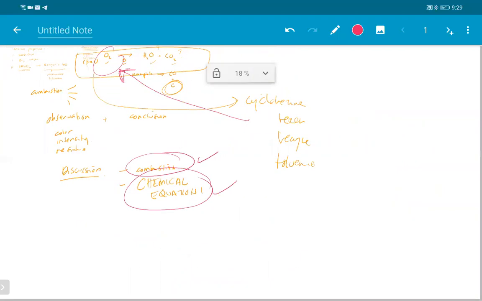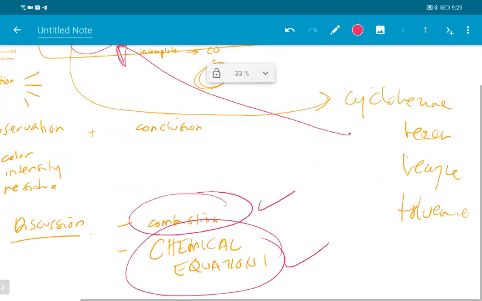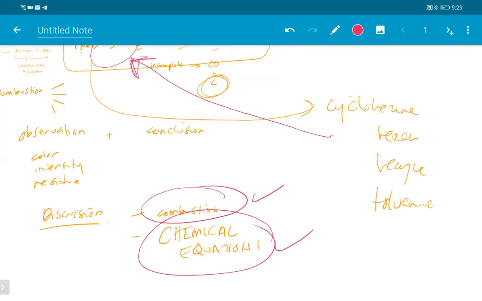Ada apa-apa soalan tak? Hello guys, ada apa soalan? Okey, ya betul Soleha, untuk combustion ni ada 4 equation sepatutnya. Alright, untuk cyclohexane, hexane dan juga toluene.